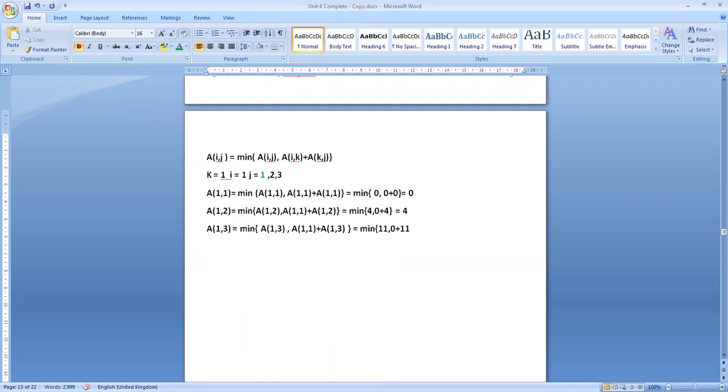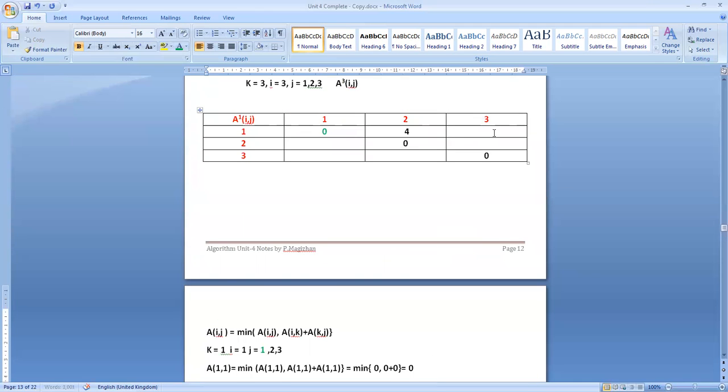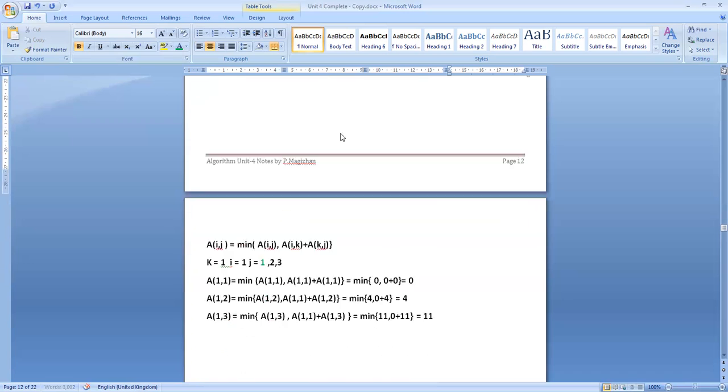So the minimum of 11 comma 11 is 11. So a of 1 comma 3 is also found, 11. So with i equal to 1, j equal to 1, 2, 3, these values are found.